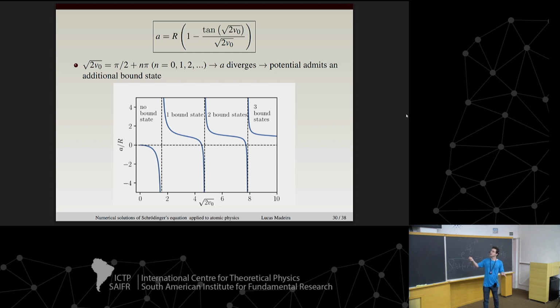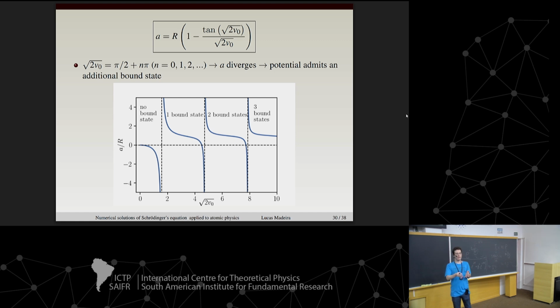The second bound state appears when the scattering length is diverging here. The third one here, okay? So a diverging scattering length occurs whenever my potential admits a new bound state. So that's what's physically going on in my system. Scattering length diverges, new bound state.